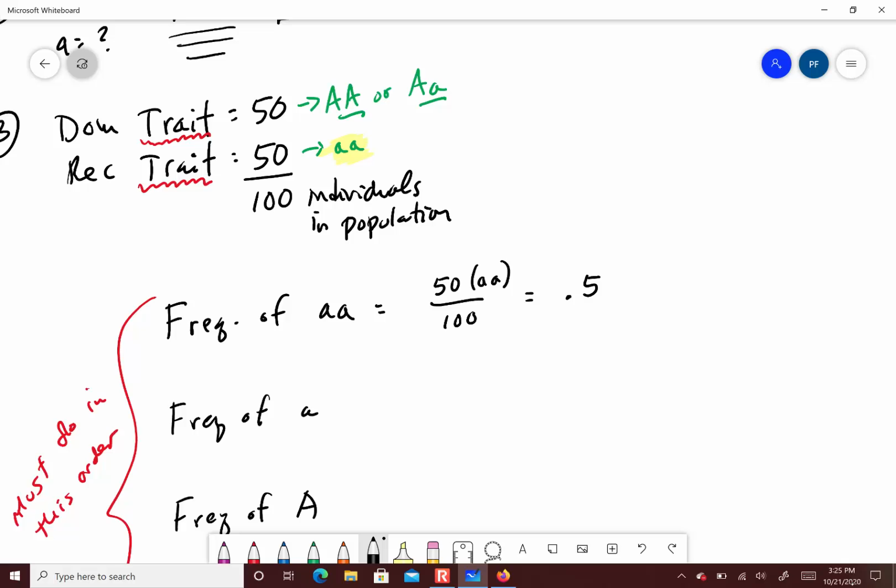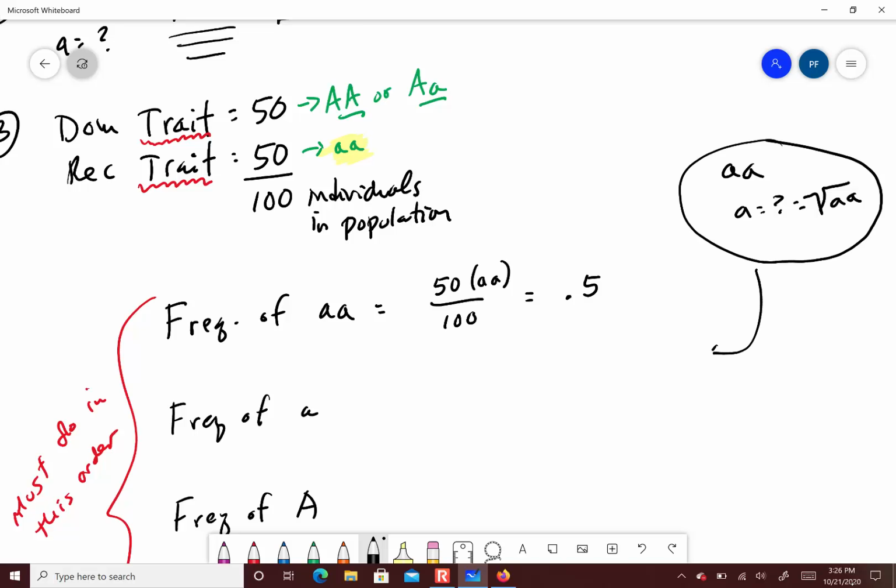Then from there, I'm going to show you at the side here, this is a little math. If we know aa and we want to find the value of a, we would just take the square root of aa. So we're using that down here. We know aa is 0.5.